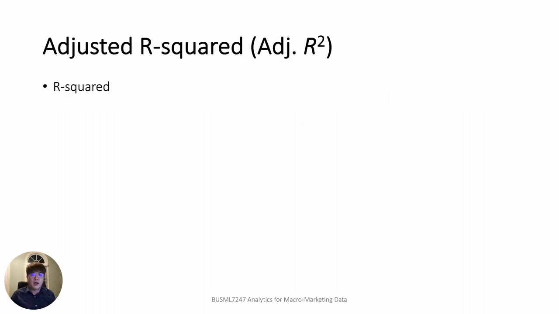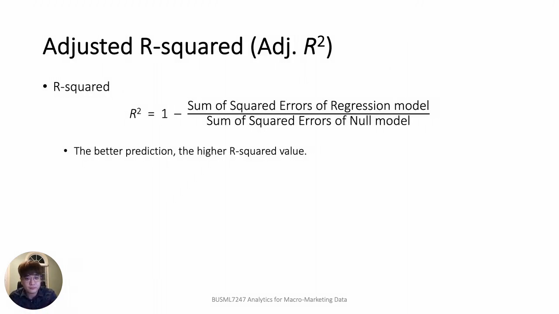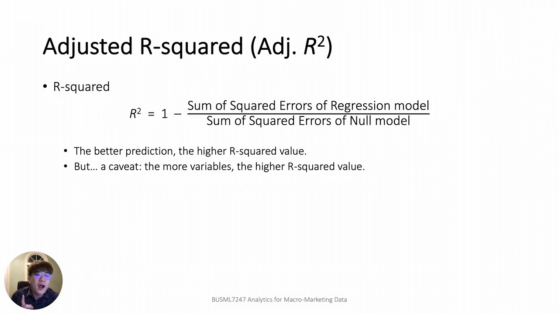Alright, now let me revisit the R-squared. R-squared is a simple but powerful measure of the goodness of fit or prediction performance. The better prediction, the higher R-squared value. But R-squared has a caveat.